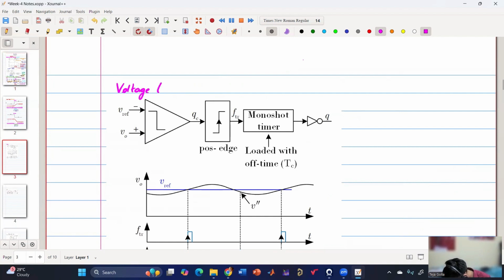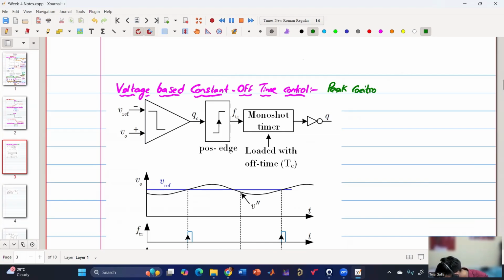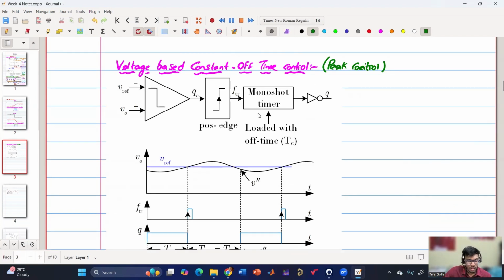Okay. So now voltage based constant off time control. It is analogous. Like previously, I have said that was valley mode control, so this is peak mode control or peak control. Analogous to peak control. Now if you see, the sign has changed.